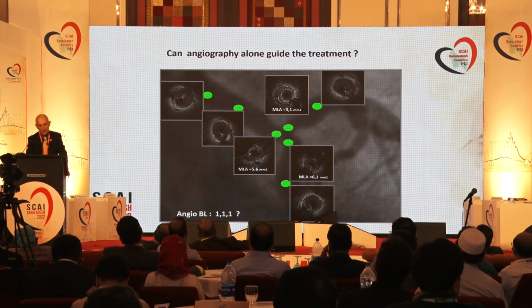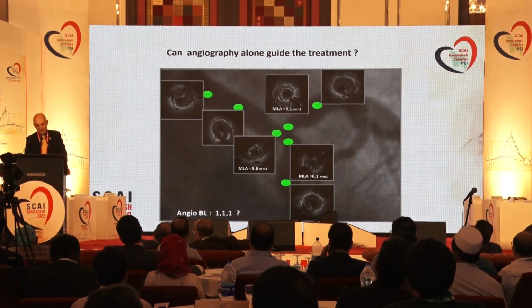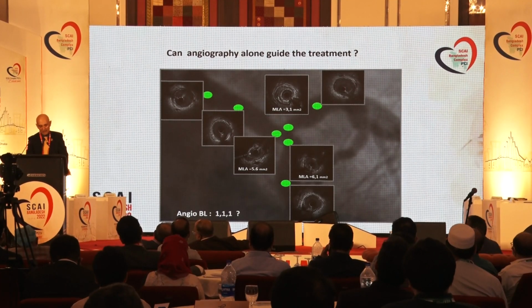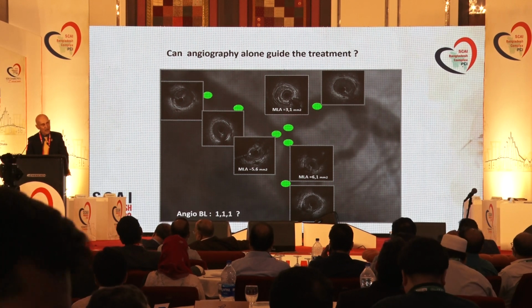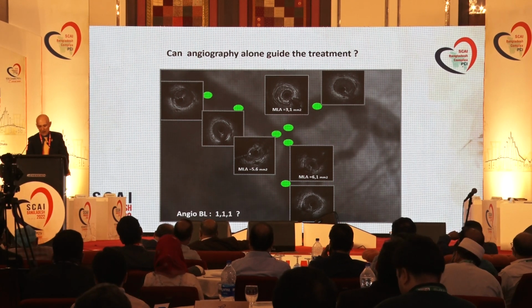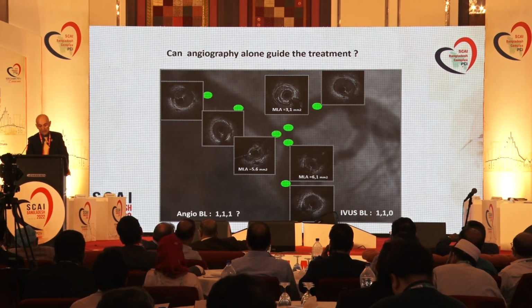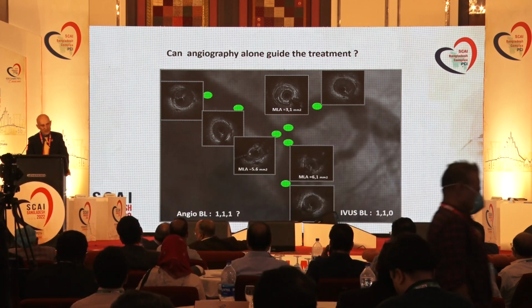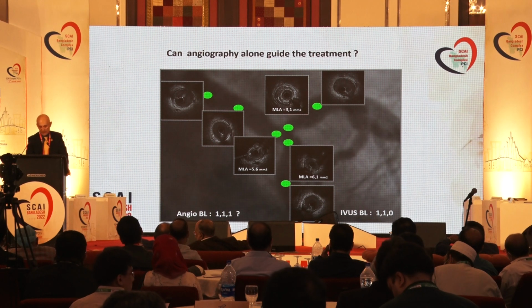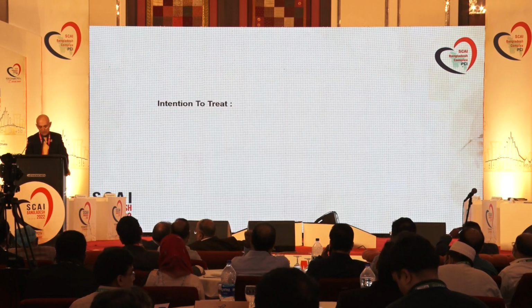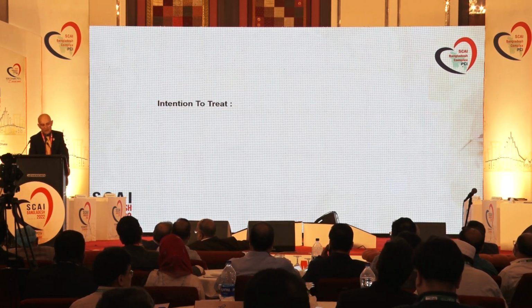So if we look at IVUS, then you can see that on angio it seems like 111, but on IVUS it was a 110 lesion because the ostial circumflex was free of disease.